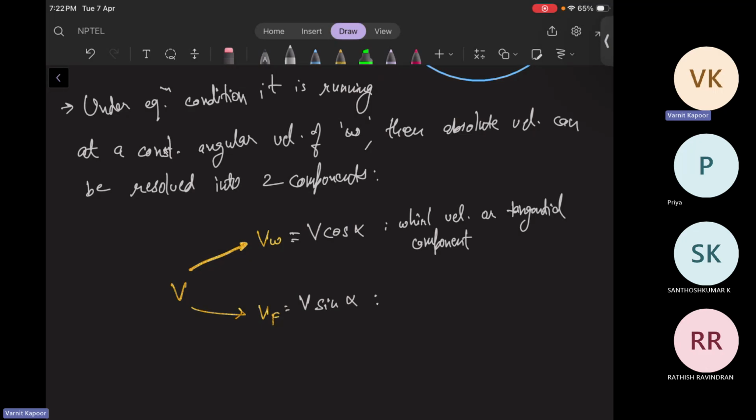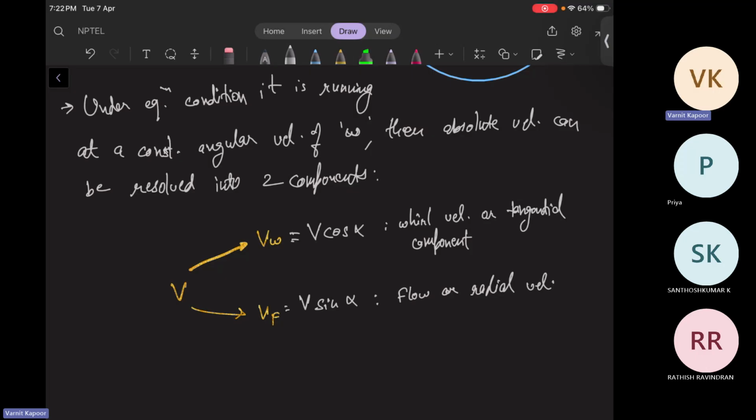And vf is your radial or flow velocity. Whenever a particle is moving in a circular motion, always remember from mechanics that the radial velocity gives you the change in the direction, and the tangential component gives you the change in the magnitude. Okay.